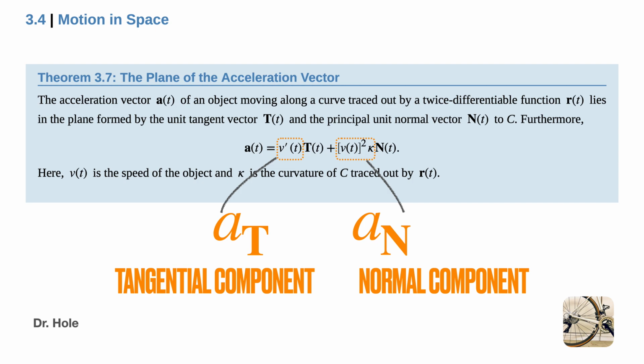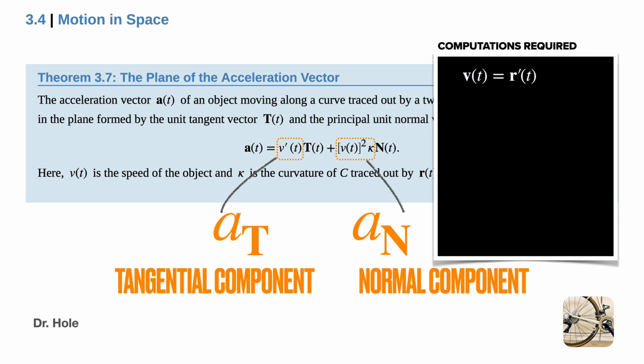And indeed, the computations are rather involved. Let's take a look. Well, we would need to find the velocity vector, r prime vec. From the velocity vector, we could then find the speed function, v of t. And note that the tangential component is simply a derivative on speed, so we'd have to take that derivative.